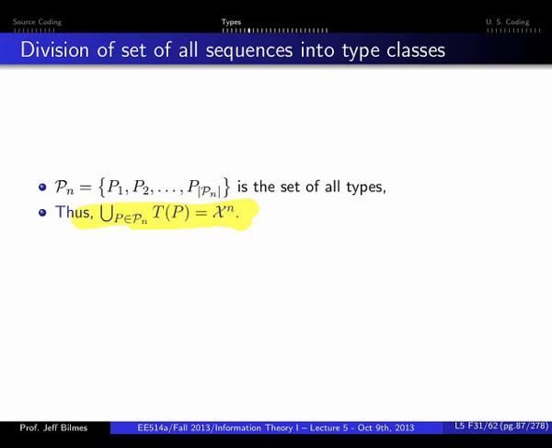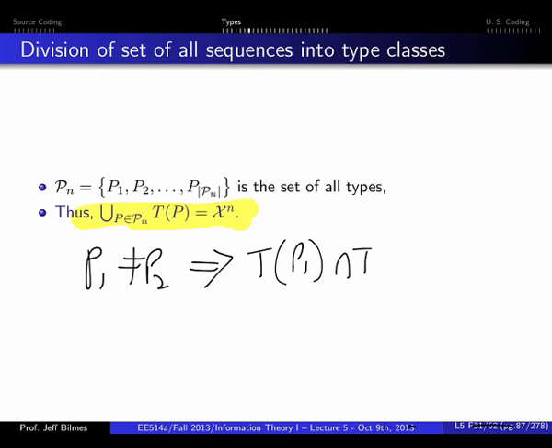So if P1 is not equal to P2, that implies that type class P1 intersect type class P2 is equal to the empty set. One set of sequences has 3 1s, and another set of sequences has 4 1s. Those are different sequences, right?